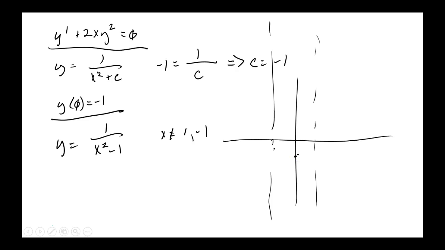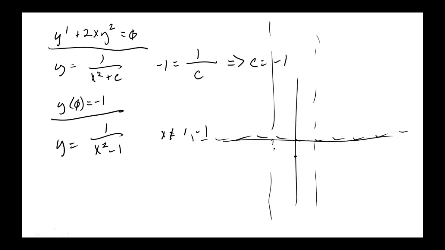That's what we were told here. You also have, if you remember back in your pre-calculus algebra days, a horizontal asymptote, which is the ratio of the leading terms, 1 over x squared, which is basically y equal to 0.